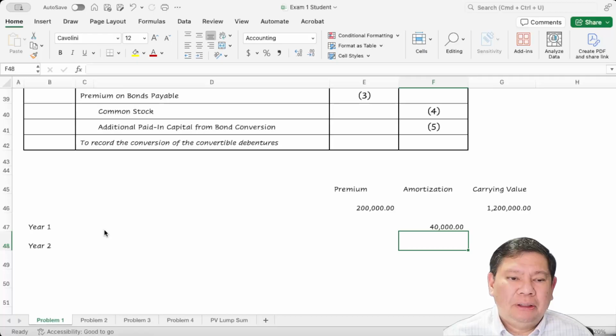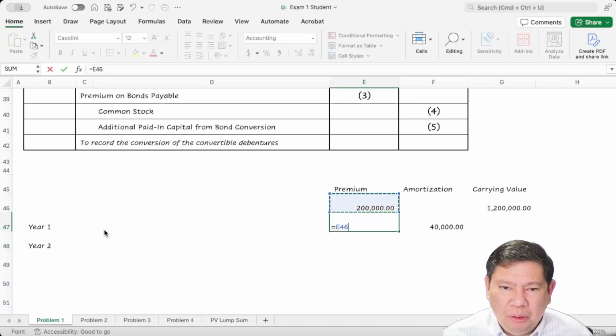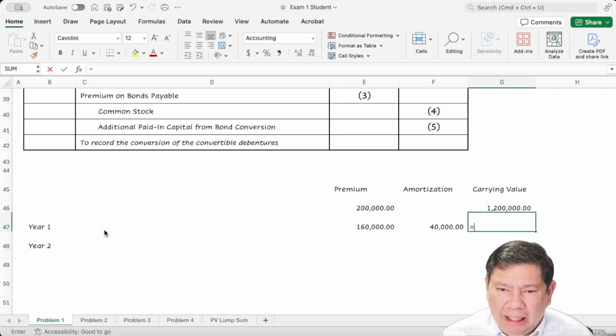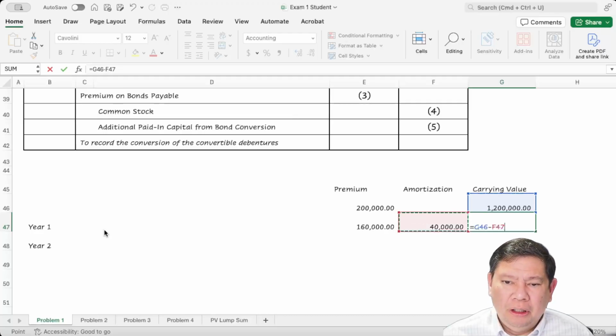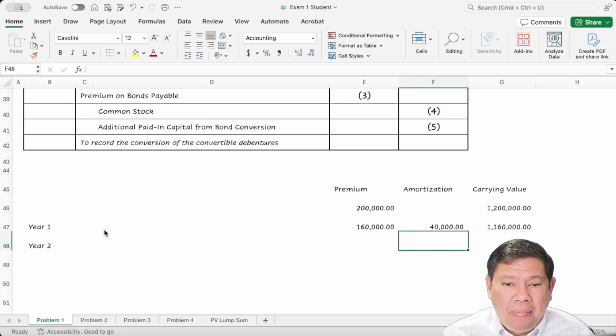So $40,000 every year. After year 1, the premium goes down to 160,000, and the carrying value goes down to 1.16 million. And in year 2, another $40,000 amortization.